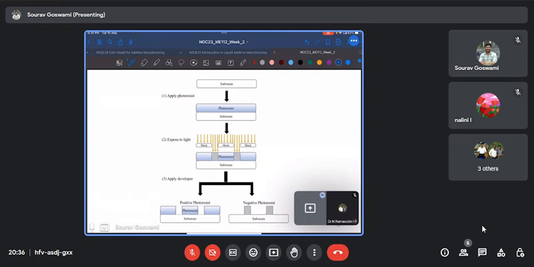And the difference is that in the case of positive photoresist, say this is my mask and this is the layer of photoresist which I have applied on top of the substrate. And using this mask, I am selectively exposing certain areas which are grayed out, and I'm also highlighting by this black ink.